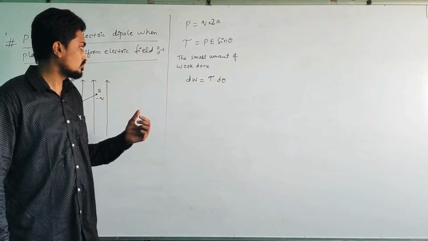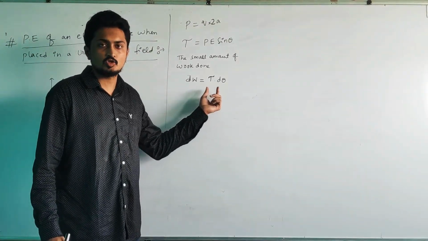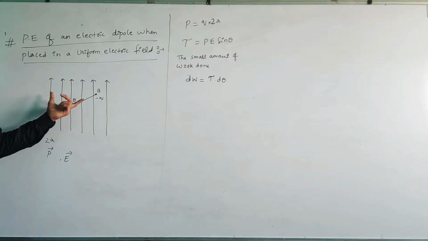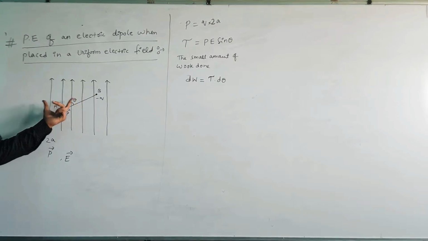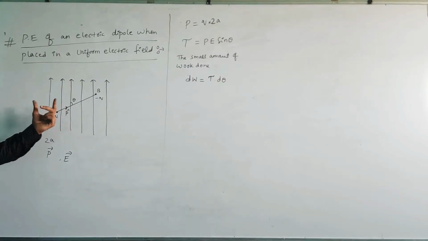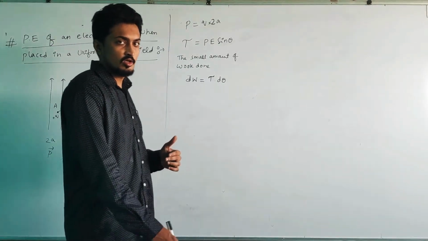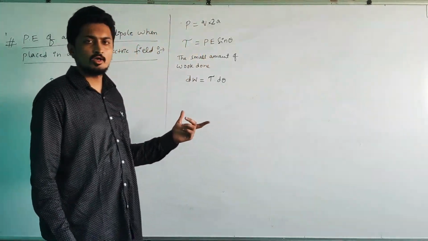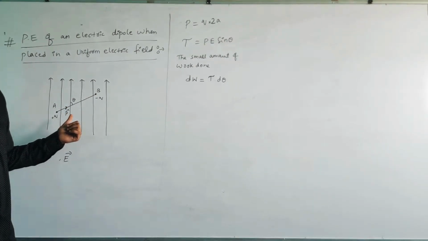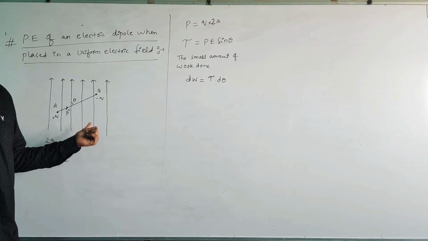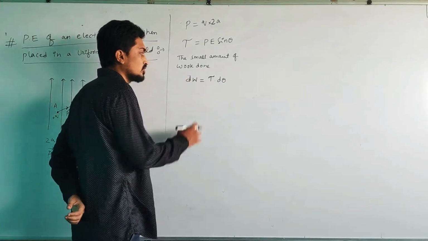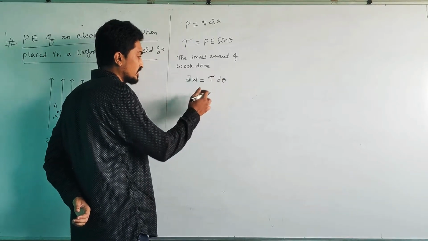But in rotational motion, work is equal to torque into angular displacement. In this case the dipole is rotating, not moving. The work done in rotating the dipole from one point to the next is stored in the form of potential energy. So dW is equal to tau into d theta.